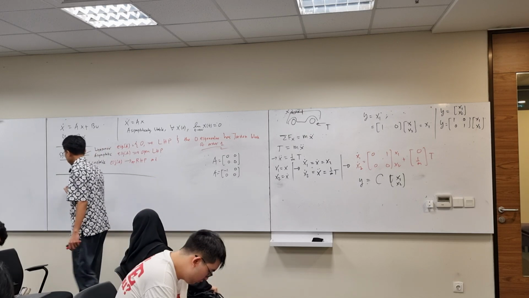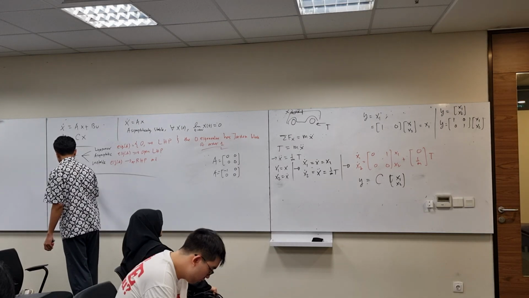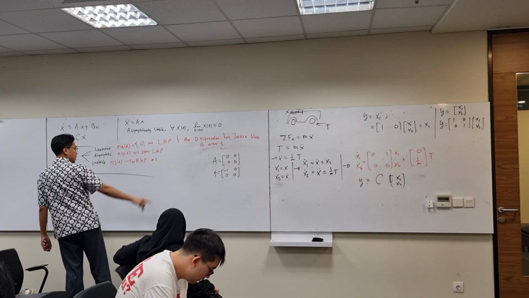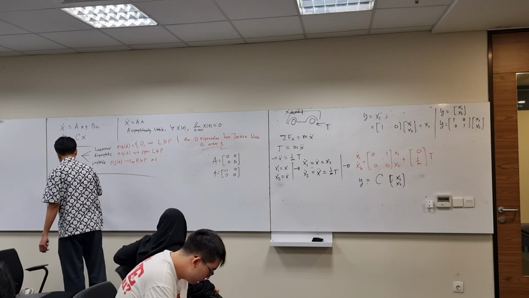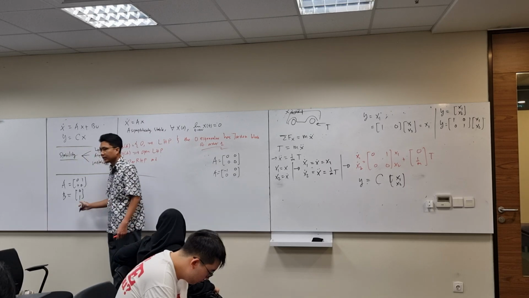Now I will give a case where A is [0, 1; 0, 0]. This is unstable. And our B is [0; 1], where I replace 1 over m with 1.